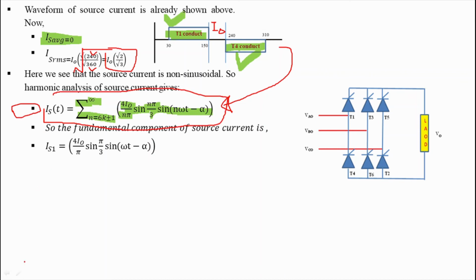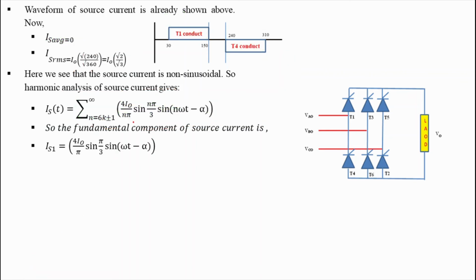So to find the fundamental component of this current, we have to put n equal to 1. Then we get the fundamental component of the source current, that is is1 equal to 4 I naught by pi sin pi by 3 sin omega t minus alpha. So this is the fundamental component, and this is the maximum value of fundamental component.